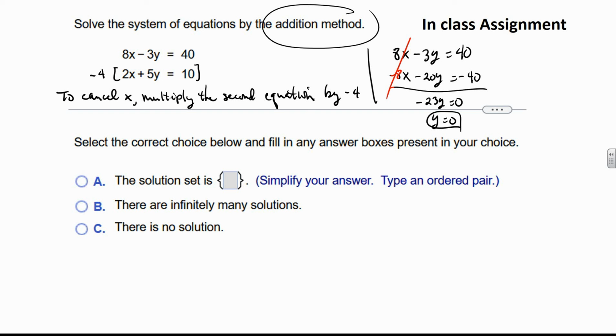So if y is equal to 0, then I'm going to plug in y equal to 0. Now take y equal to 0 and back substitute it into any one of the original equations to solve for x.